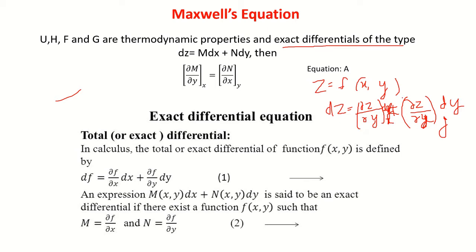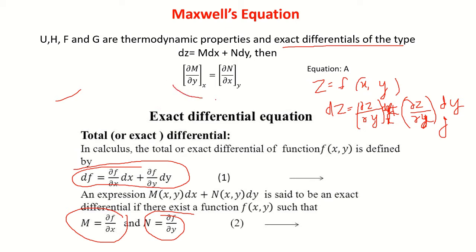Some of these things you have already studied in mathematics, in calculus. So then I can write dou f by dou x as M, and dou f by dou y as N. Once again I can differentiate.